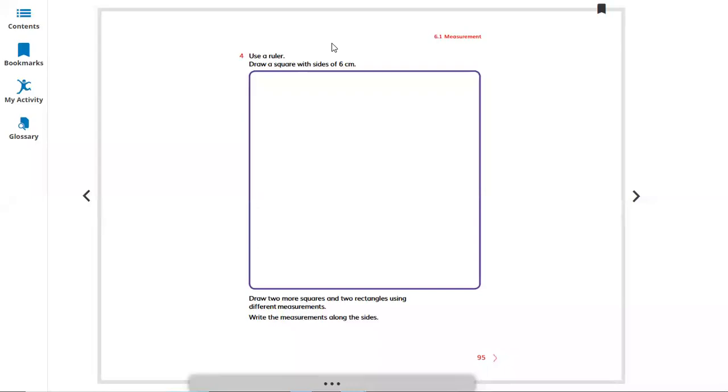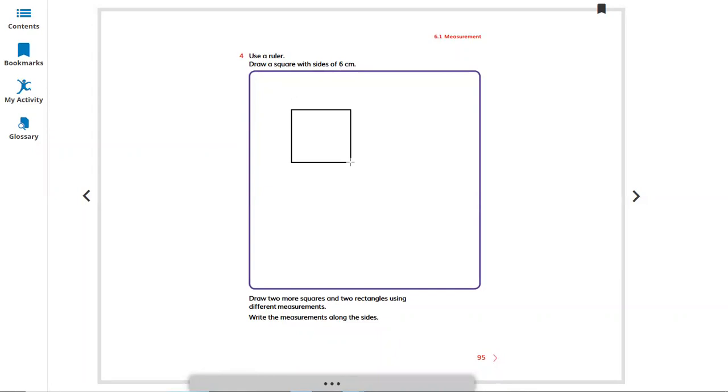You need to make the shape like this. Draw a square with 6 centimeters. So this side, 1, 2, 3, 4. Four sides should be 6 centimeters. So the square's four sides should be equal.